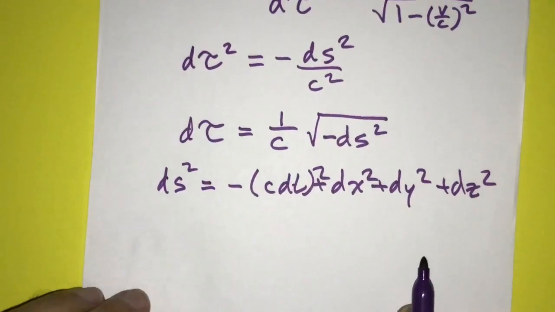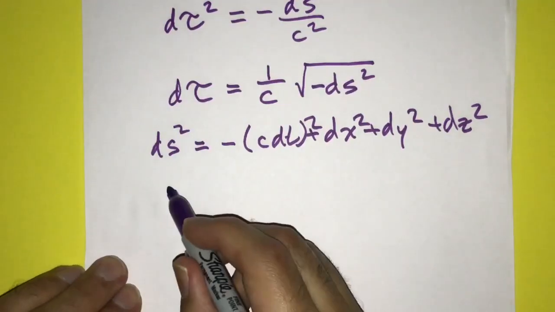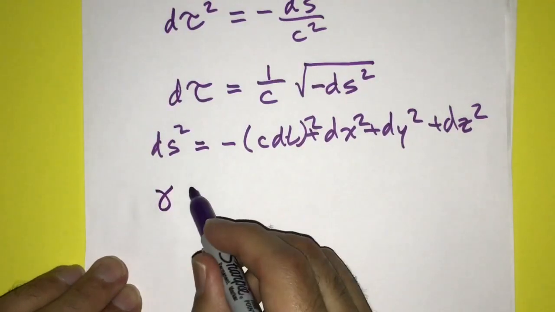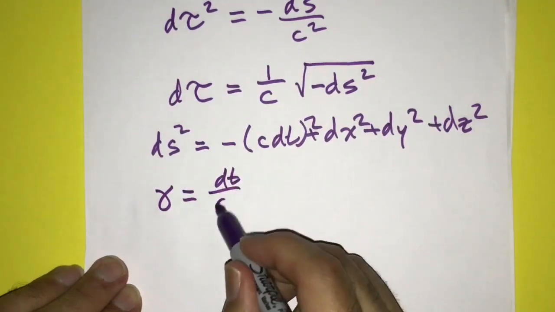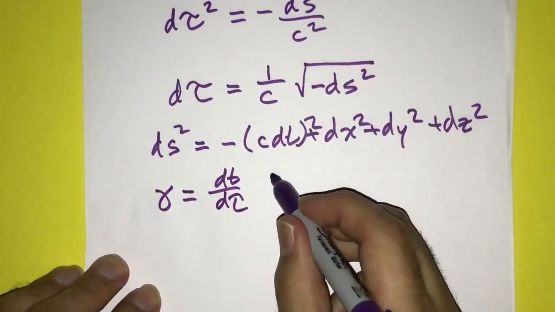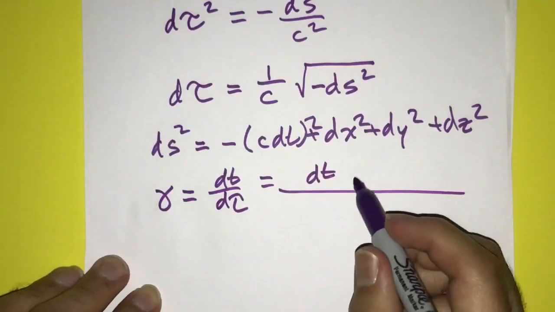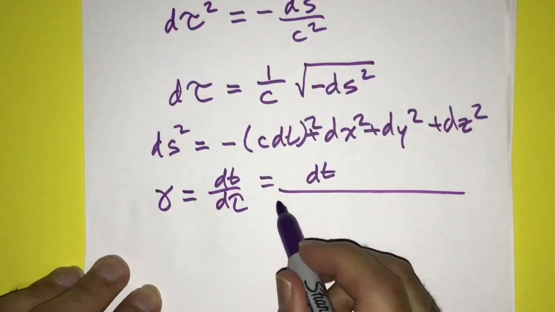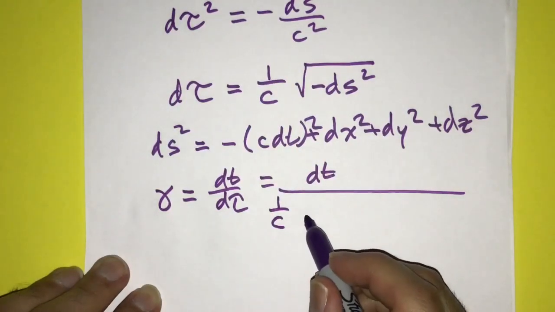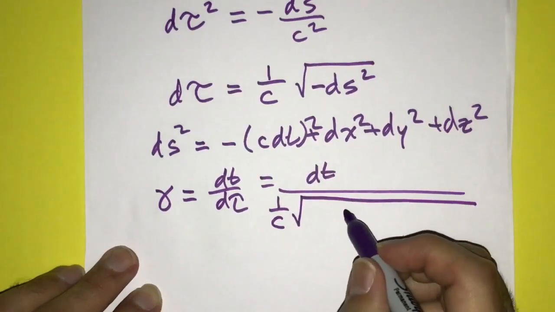So now we see that our gamma is equal to dt over d tau, and that is equal to dt. And now we got 1 over the speed of light, and we have this quantity under the square root sign.